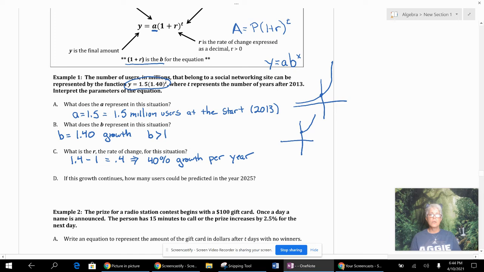So if it continues at this rate, the question is, how many users will they have in 2025? Well, if I take 2025, subtract 2013, then we're talking about what will be the growth after 12 years.